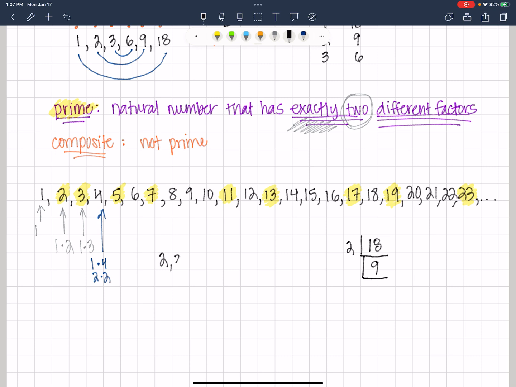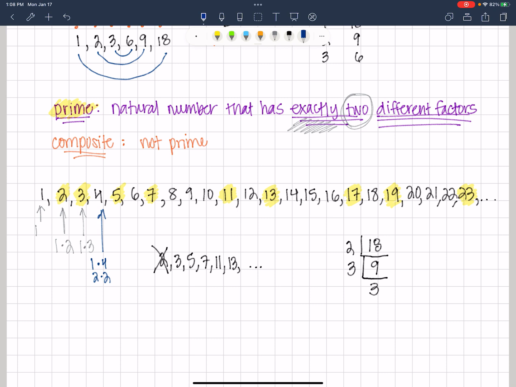So my prime numbers are 2, 3, 5, 7, 11, 13, so on and so forth. We've exhausted 2, so now we're moving on to 3. 3 goes into 9 3 times. I look at 3 right here, and I say, is it a prime number? If it's a prime number, then I'm done. If it's not a prime number, I put a box around it, and I continue dividing.